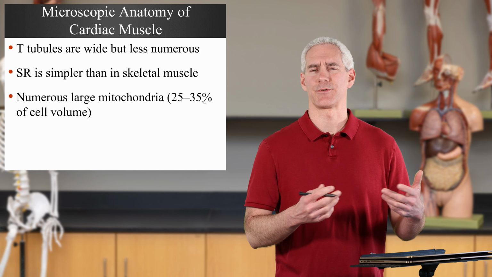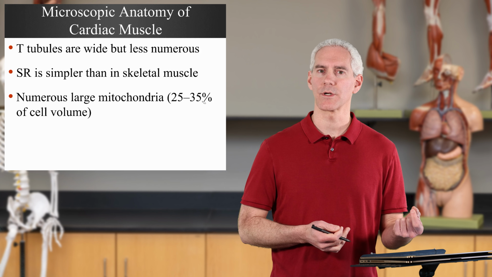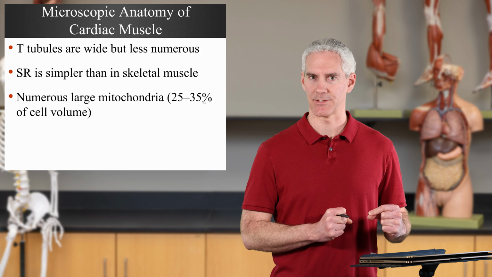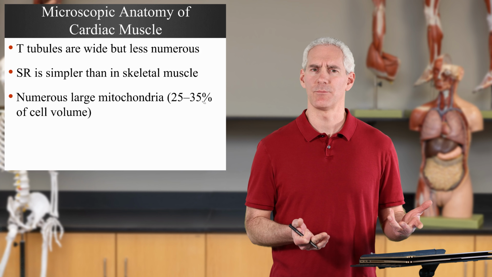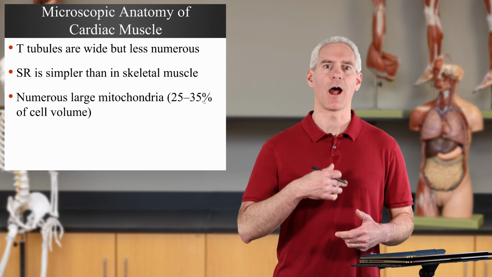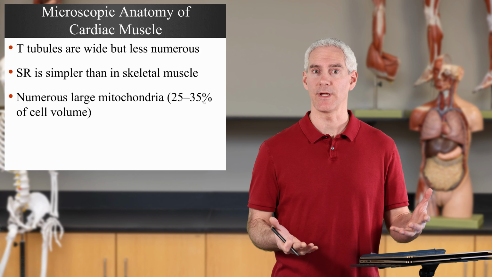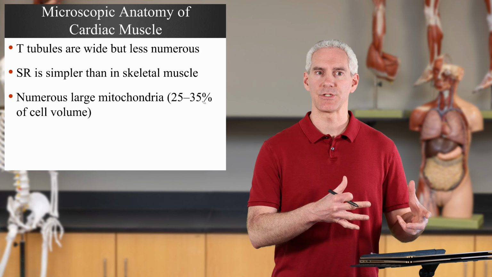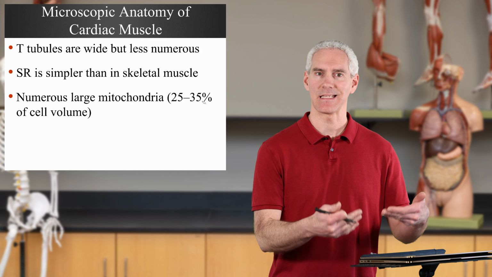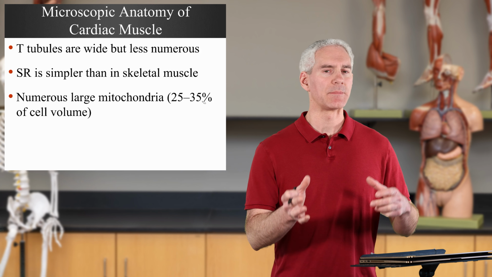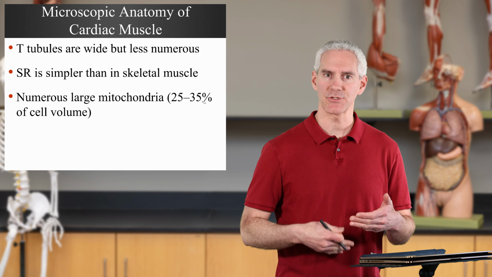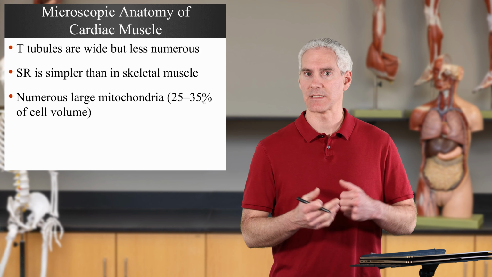Now, you don't need to memorize the percentage. That means a quarter to a third of the entire cell is just mitochondria. Why would you need so many? Because those cardiac muscle cells are constantly working. They don't take breaks. You can't take a break to re-energize or to build energy back up. It has to keep going. So you have tons of mitochondria that allows you to keep perpetually making energy so the cells keep working.